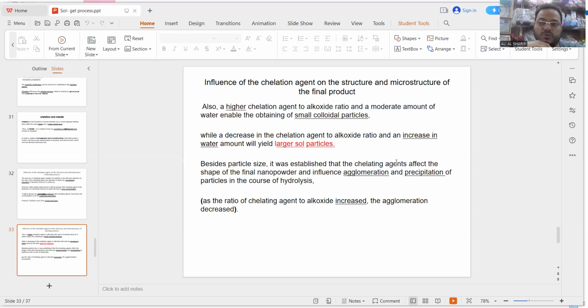My goal is to make all the structure, the metal ions, bonded together without cracks, increasing the crystallinity and particle size of the final product. All of that will act positively on ferroelectric properties.